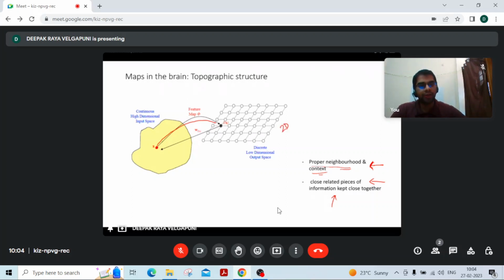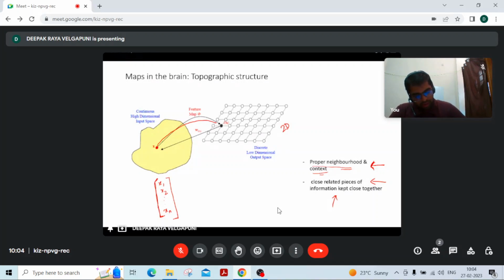So you're basically reducing the real world parameters to a certain map. Let's say you have an input feature vector with multiple features that your brain wants to represent as a map. You have different components x1, x2, and so on, let's say xn.